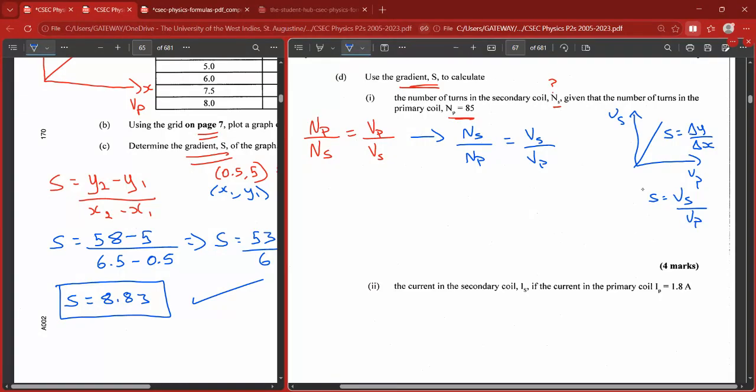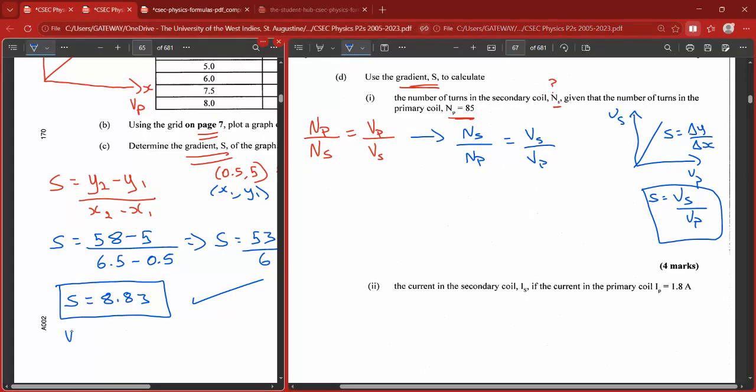So Vs over Vp is actually S, but you got S to be 8.83. So this is really Vs over Vp is equal to 8.83. So I'm going to use that 8.83 here now. I'm replacing Vs over Vp with 8.83.